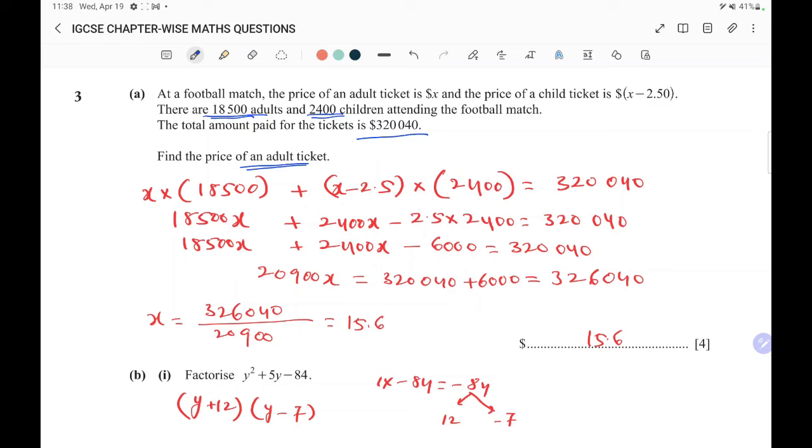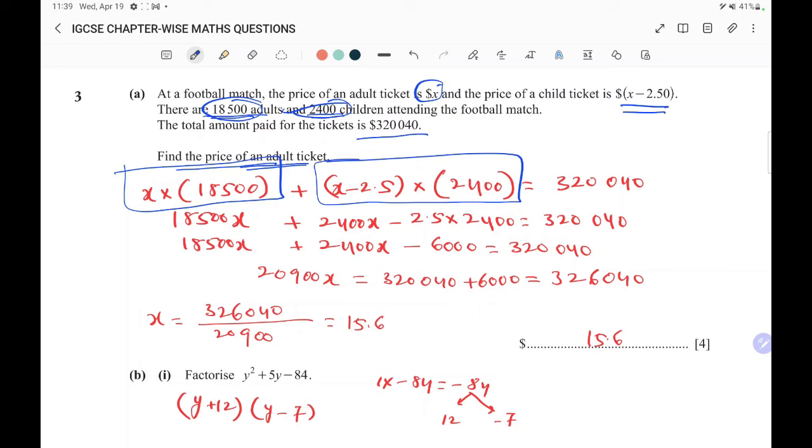Okay, no problem. So one adult has a price $X, multiply by 18,500 to get the total price for adults. Similarly, one child has a ticket price that is X minus $2.5, multiply by 2,400. So X minus 2.5 times 2,400, this is the total price for the children.